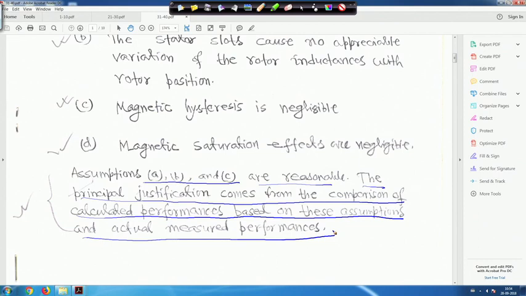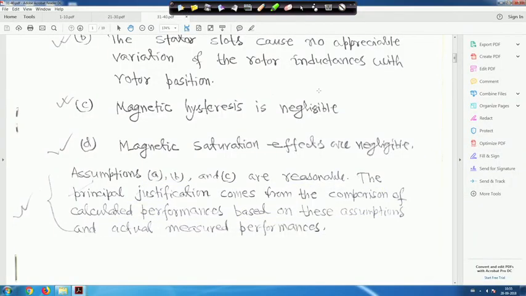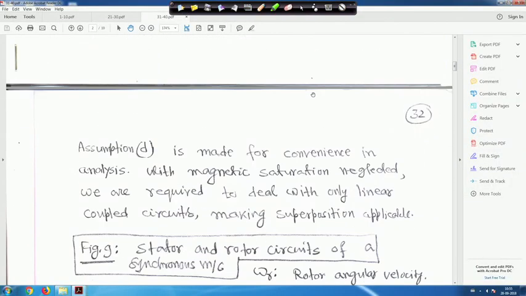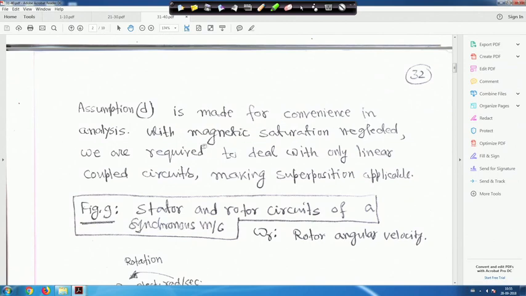Theoretical and measured results were compared and are very close to each other, so these assumptions are more or less valid. The fourth assumption is made for convenience in analysis. With magnetic saturation neglected, we are required to deal with only linear coupled circuits.